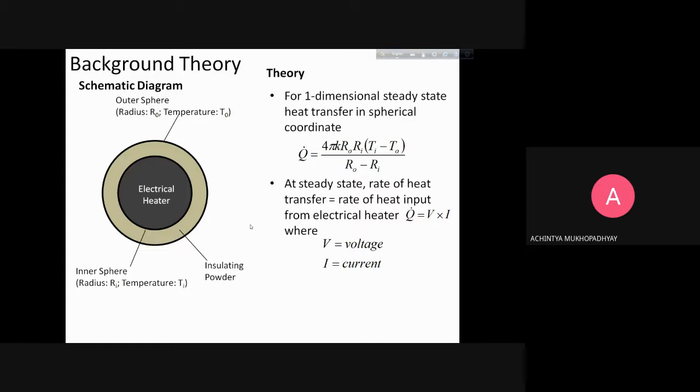So here we have two spherical shells, and those shells are made of metals, so even if there is some non-uniformity in the heating, because of the high thermal conductivity, the temperature non-uniformity will quickly smoothen out. This is a metal surface and this is a metal surface, and the gap is filled up with the insulating powder.